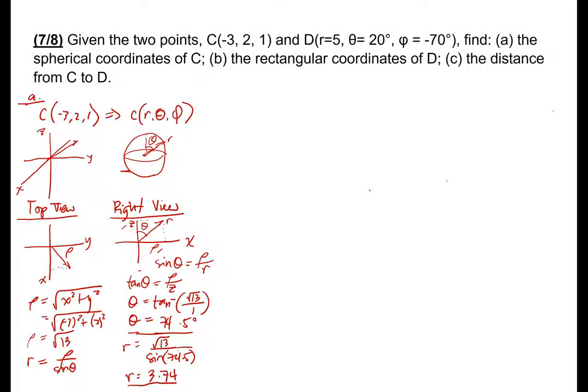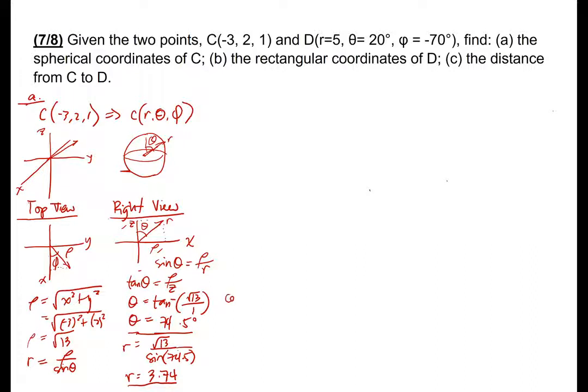Now the remaining value is the p. How do you solve the p? We know that p is here in the top view, the angle between x and the rho. So x is adjacent to p, and therefore we can use cosine, di ba?